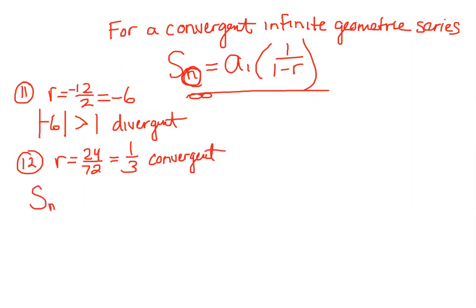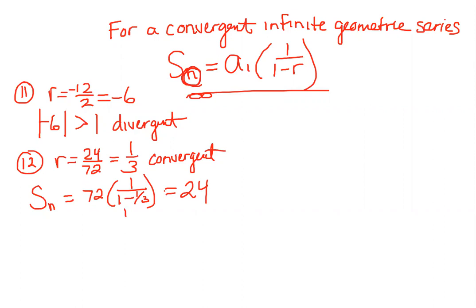So we're going to say Sn equals the first term times 1 over 1 minus 1/3. And that equals 24. Isn't that interesting? Look at number 12: 72, 24, 8, 8/3. If you add all of those up, you are eventually going to get 24? That doesn't seem right to me.